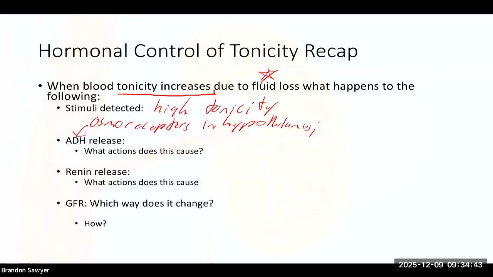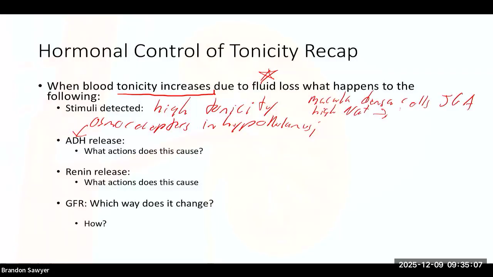Okay, but then this is also going to be detected by those macula densa cells in that juxtaglomerular apparatus, right? So that's going to sense the high sodium concentration of the filtrate, and that is going to be related to the renin release.